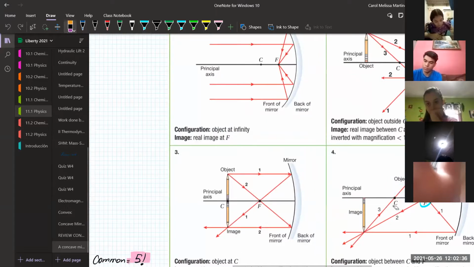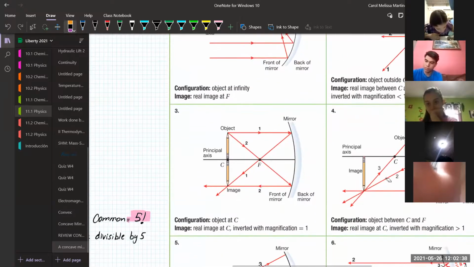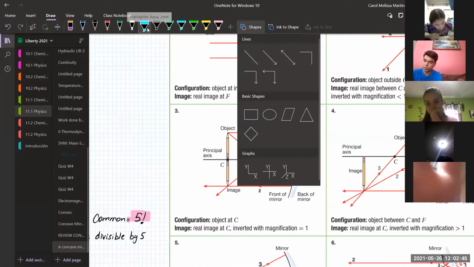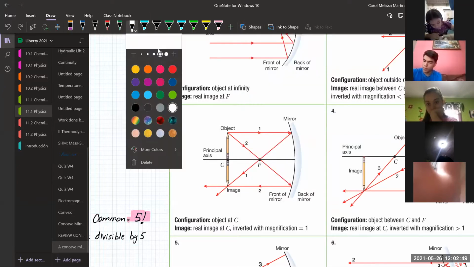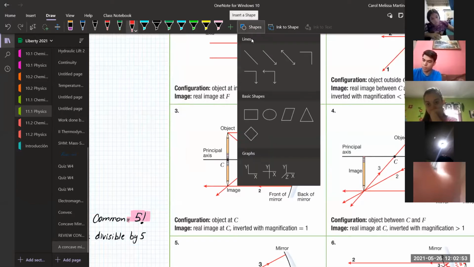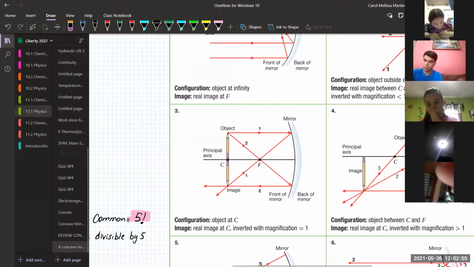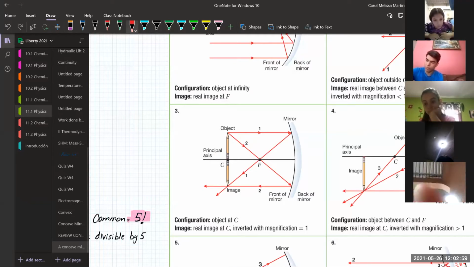So let's analyze this. The first ray comes from the top of my object, passes through the focal, and then comes back horizontally.